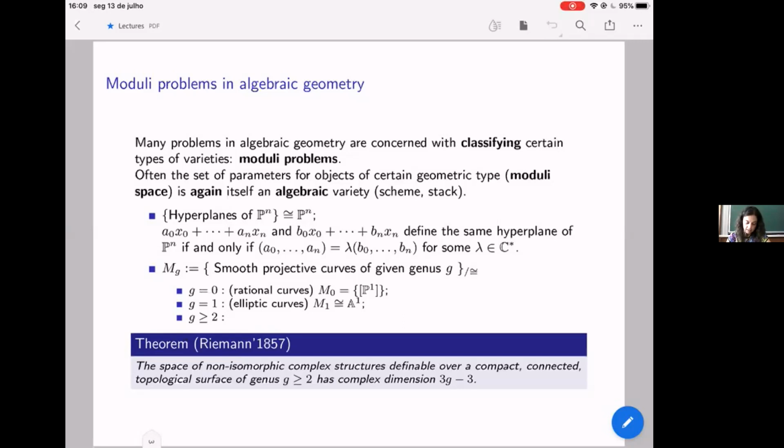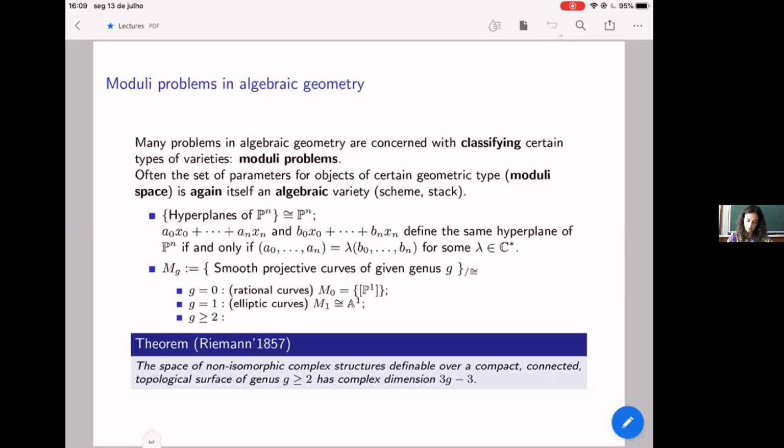The one that I have certainly heard about more is the moduli space of curves. First we think about the moduli space of smooth curves of a given genus up to isomorphism. We want to parameterize smooth projective curves up to isomorphism.